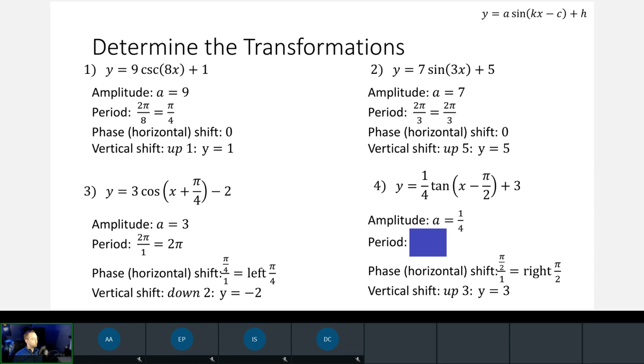Are you typing in right now? There's a lot to type in. Yep, Julia. So, Julia, what does that tell us? Because it's a tan function.